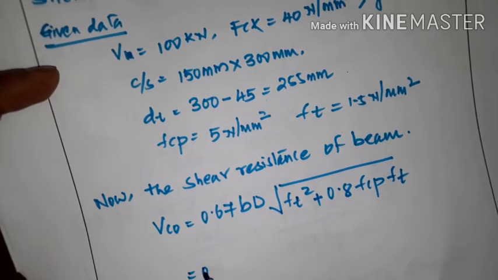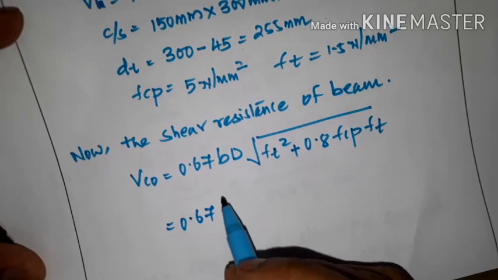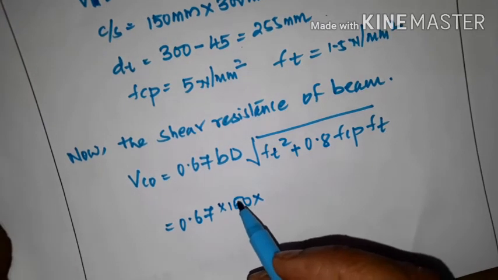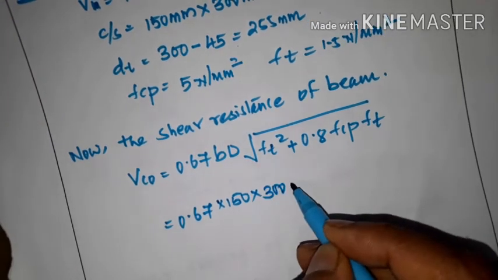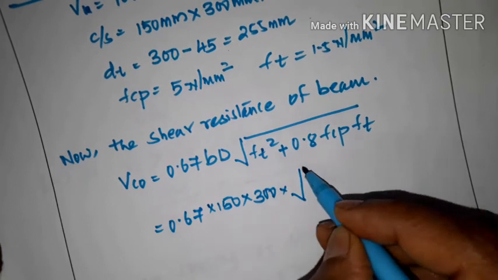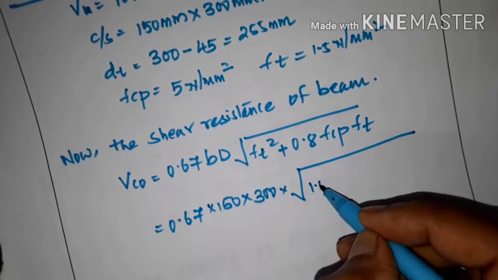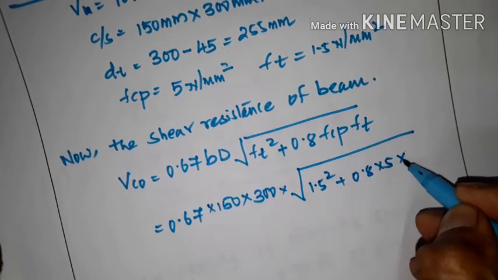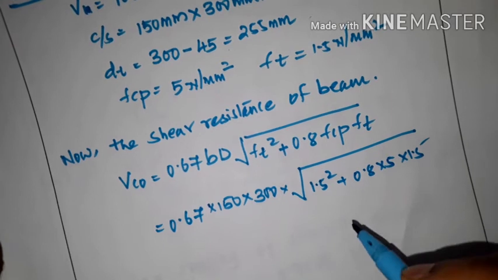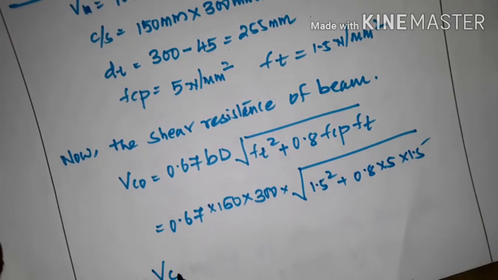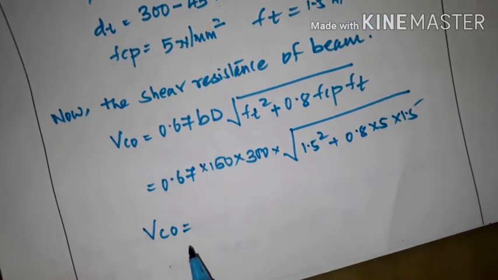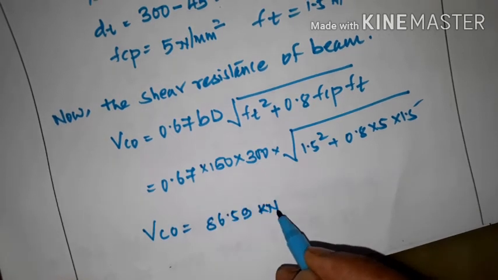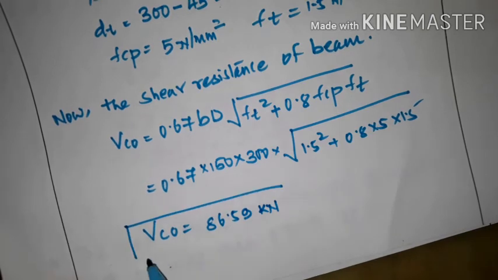So that is 0.67, B is 150 and D is 300 into square root of 1.5 square plus 0.8 into 5 into 1.5. FCP is given as 5, Ft is given as 1.5. Okay. So we will get VCO is equal to 86.59 kilonewton.